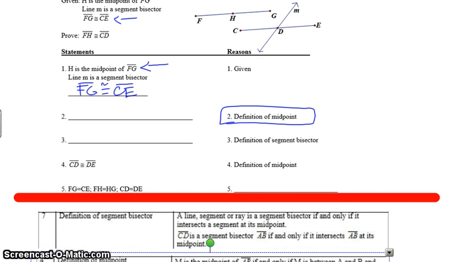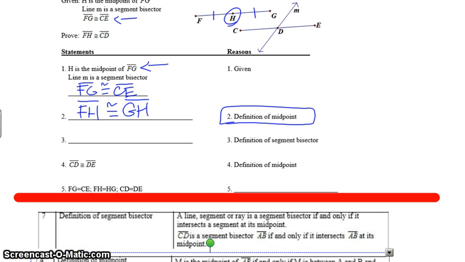So look at your picture. H is the midpoint. That means these two pieces are congruent. So I can say FH is congruent to GH. That's all I can say based on midpoint.